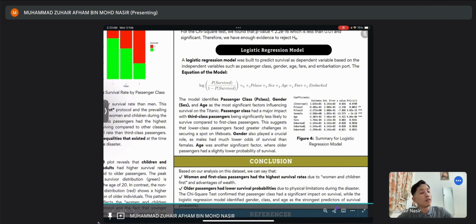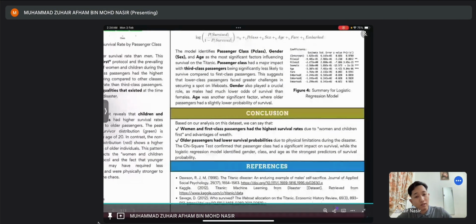Okay, next is the conclusions. So the last part is the conclusion. In summary, our analysis confirmed that women and also first class passengers had the highest survival rates, because of the women and children first policy and also the advantages of wealth, which is the first class seat.